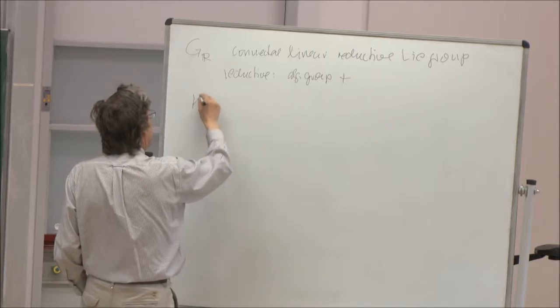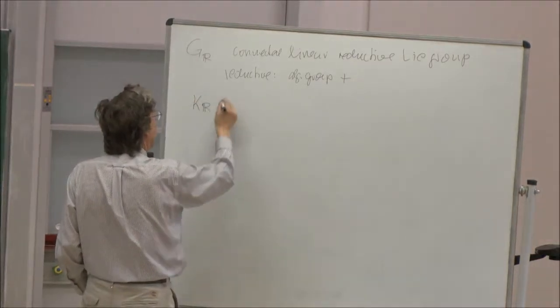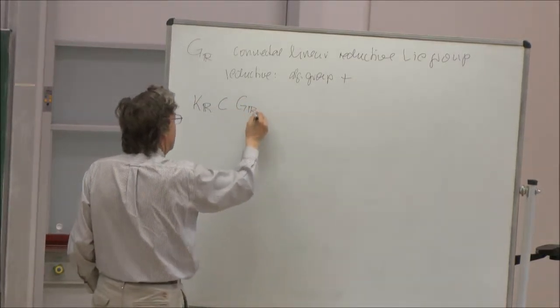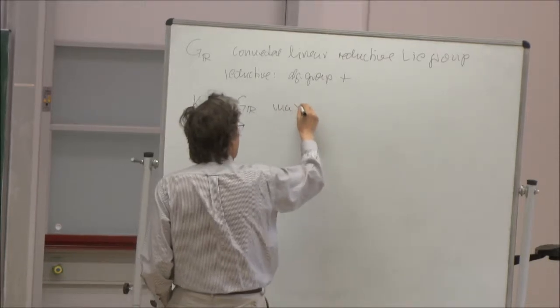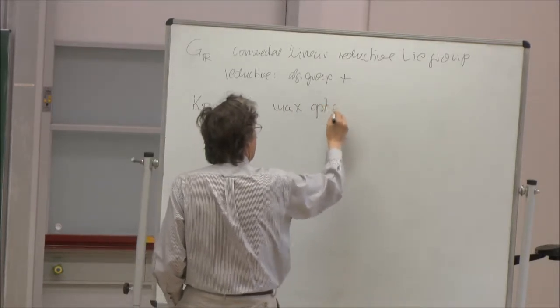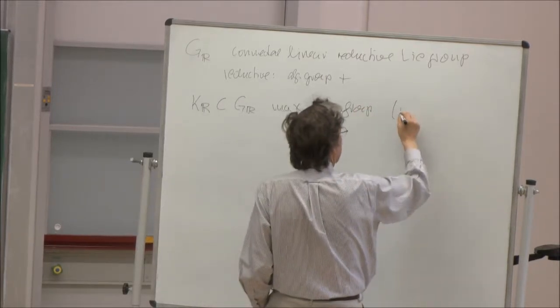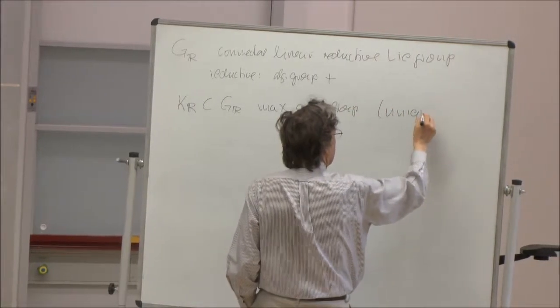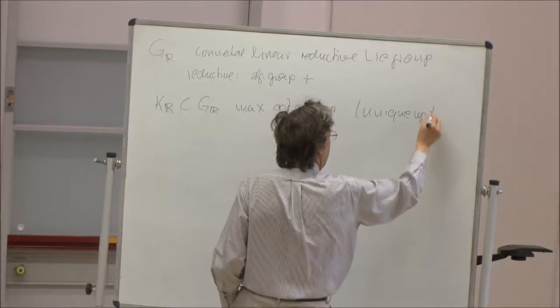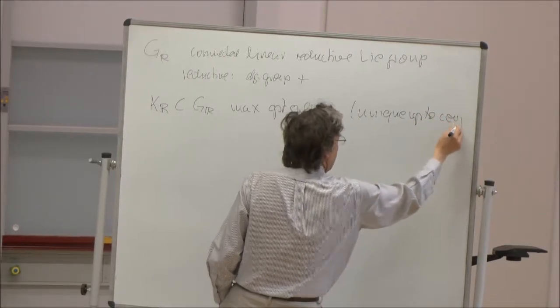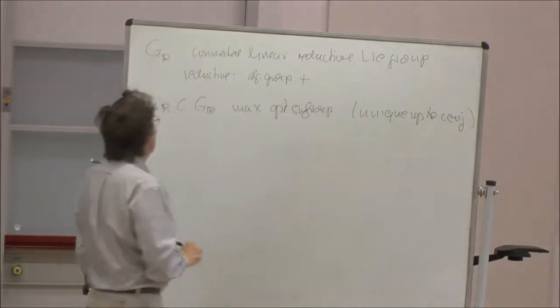So K_R in G_R will be a maximal compact subgroup, and it is unique up to conjugacy. That is a general fact.